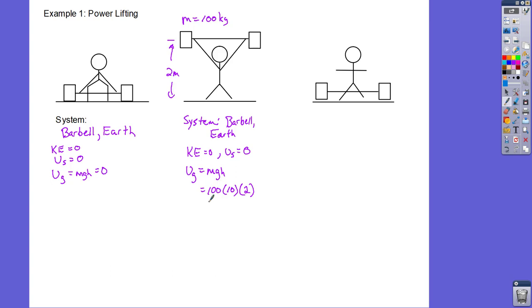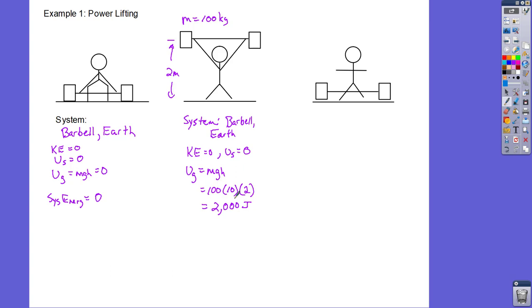So I believe that would be equal to 2,000 joules of gravitational potential energy in that system. So the question is, how did the system gain that energy? We went from 0 system energy to 2,000 joules of energy in the system.